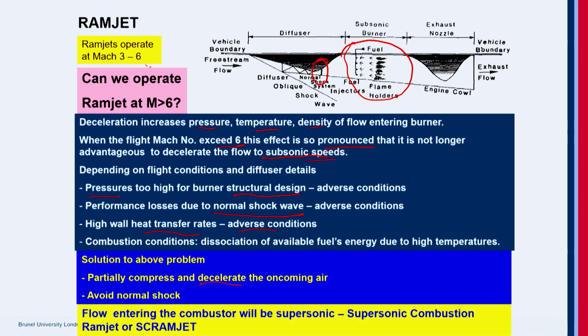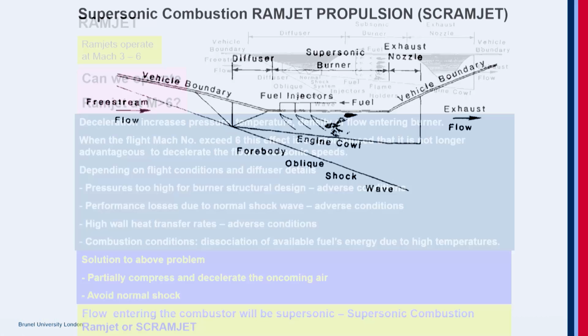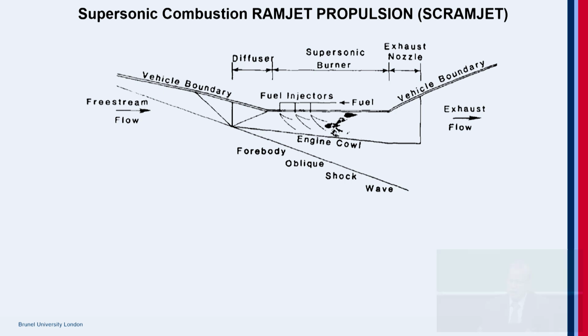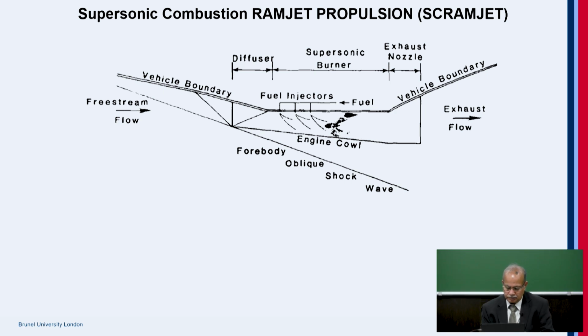So this brings us to the SCRAMJET engine. Which means that the flow entering the combustor will be supersonic. Geometry wise, you can see the inlet M is greater than 1. We are nowhere trying to bring it to subsonic, so the inlet geometry is convergent. Again, it's dominated by shock waves, and then you have the injection of fuel.